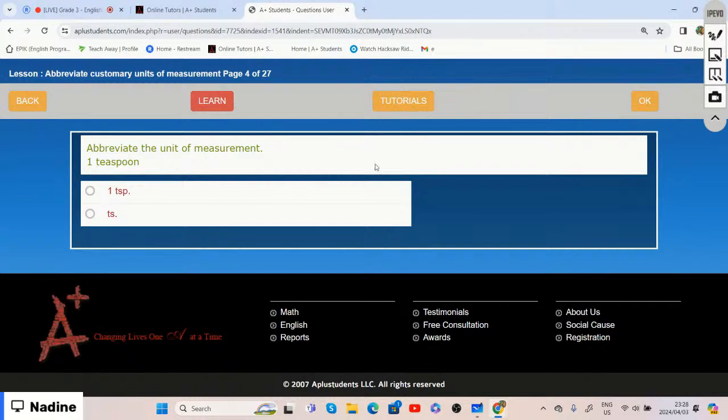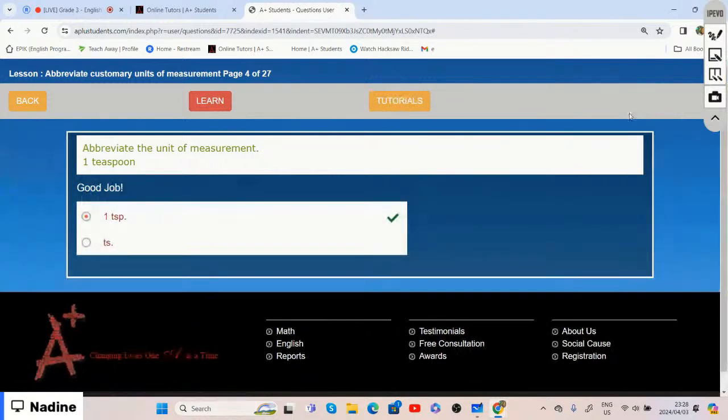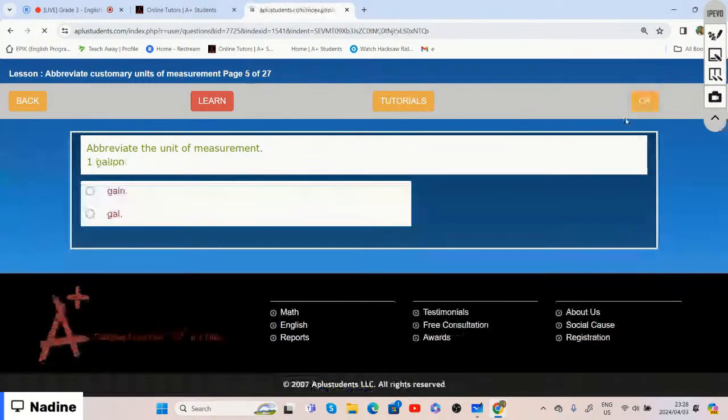You may ask your question. All right, so teaspoon is TSP. So well done. TSP is correct. You may ask a question. All right, let's go to the next one before we go on to the next lesson.